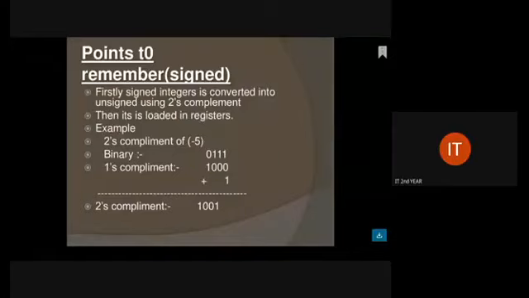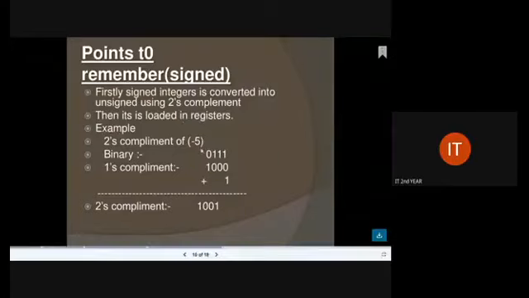Firstly, we take the binary value of 5, 0101. To convert 5 into minus 5, we first convert it into 1's complement, which is 1010, and then add 1 to make it a 2's complement.